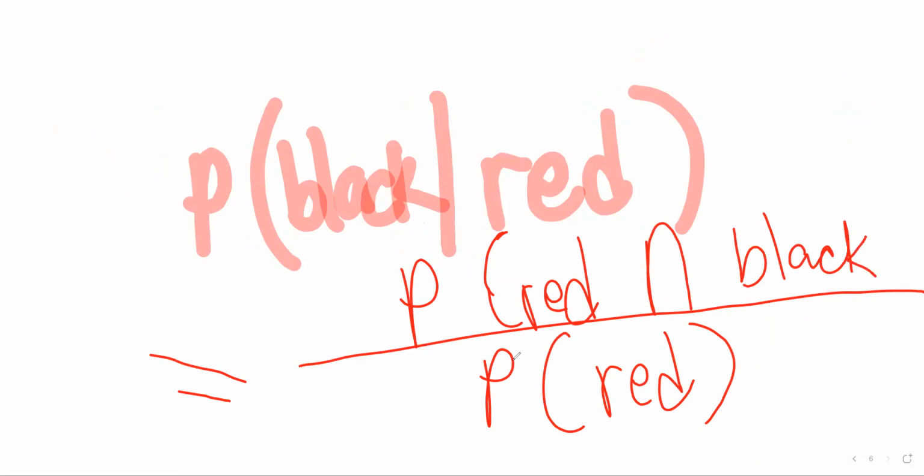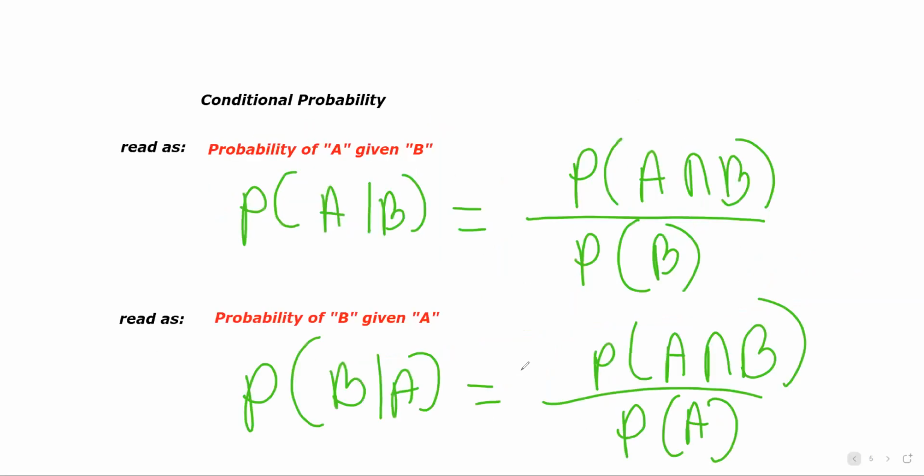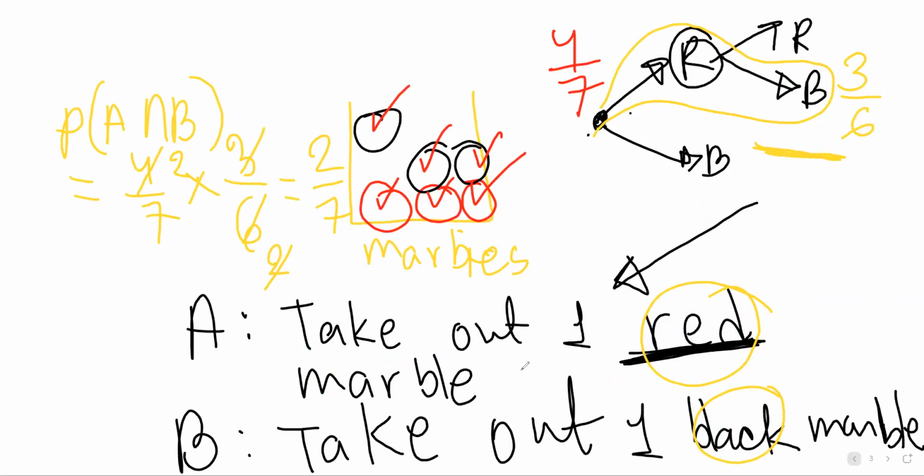Okay. So what is the probability of getting a red marble? There are a total of 7 marbles, right? So probability of getting a red marble is 3/7.